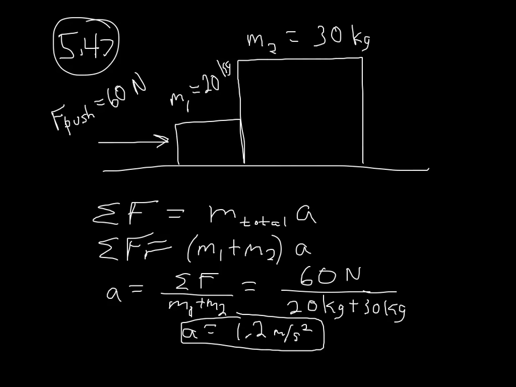Now we can break them up. Let's break up the boxes. Let's do box number 1, this one right here. What forces are acting on that box? I've got F push coming in from the right-hand side, correct? But then I also have another force acting on it, right? It's going to be squeezed up against that second box. So that second box is going to push on the first box, isn't it?